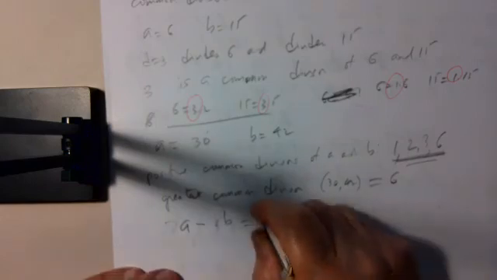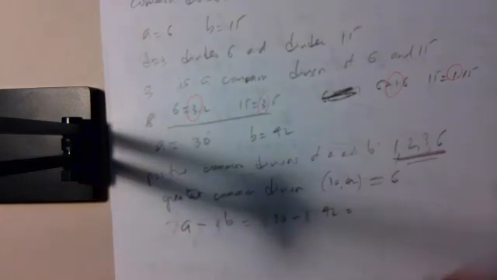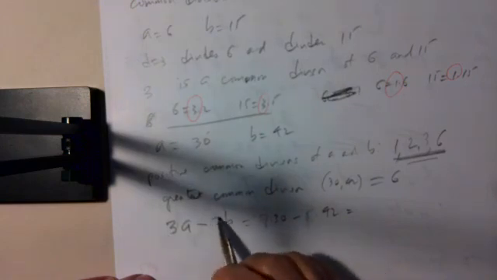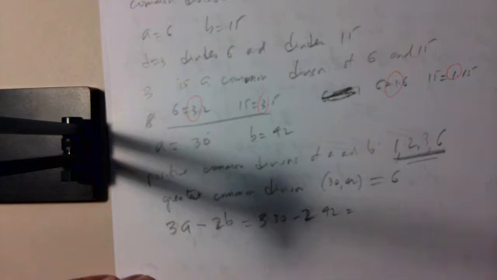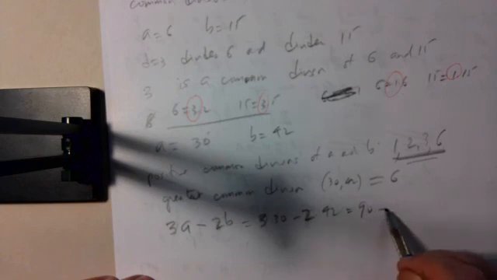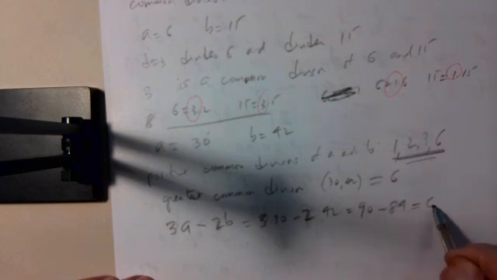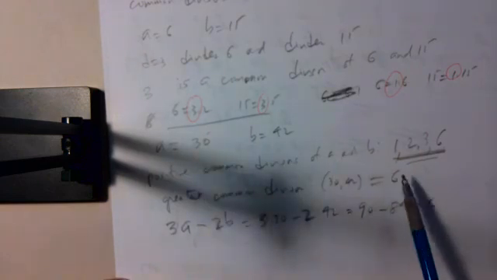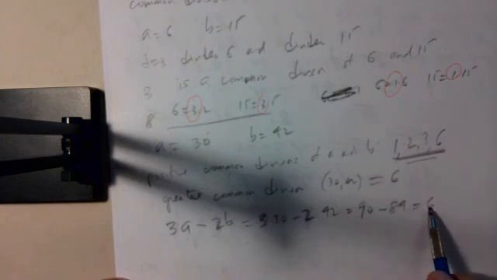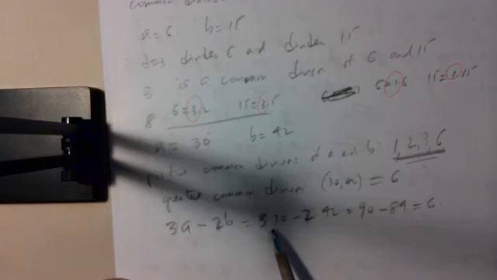Let me make it 3 times a minus 2 times b. That's 3 times 30 minus 2 times 42. 3 times 30 is 90, and 2 times 42 is 84, and the difference is 6. So the greatest common divisor of 30 and 42 is 6. And I could actually write 6 as this sort of linear combination of 30 and 42. 3 times 30 minus 2 times 42 is equal to 6.